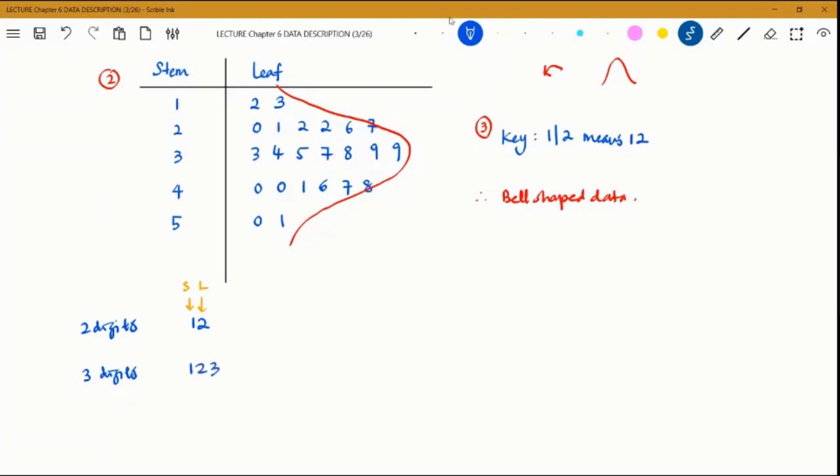So the first 2 digits we put on the stem column, and then the last digit we put on the leaf column. Okay, so for your label we end up until 3 digits. So we have 2 digits and 3 digits.